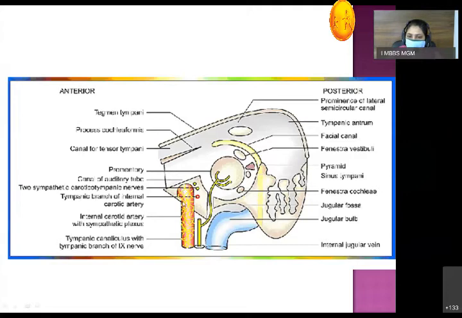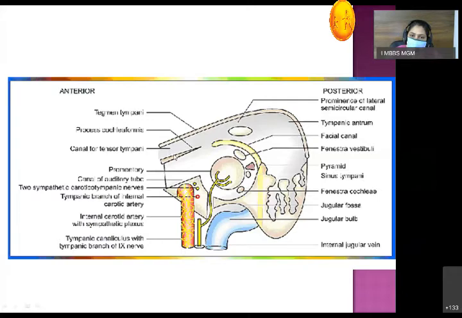Here you can see this is the pharyngotympanic tube, which communicates the middle ear cavity to the nasopharynx through the auditory tube.